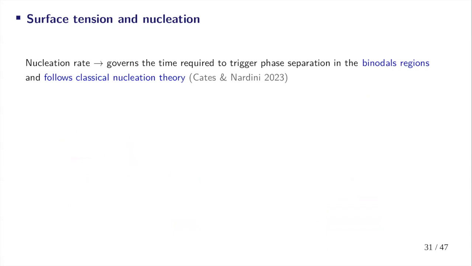Can you trigger the phase separation, or can you inhibit the phase separation when you have these surfactants? And it turns out that because of this formulation in terms of scalar field theory, you can use recent results for nucleation theory in active systems.